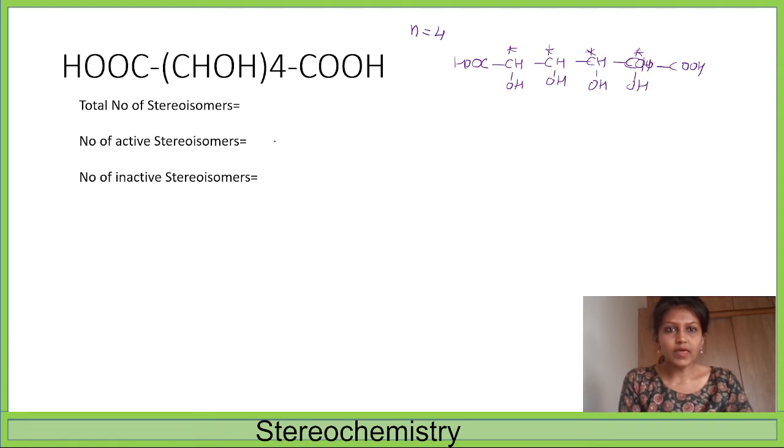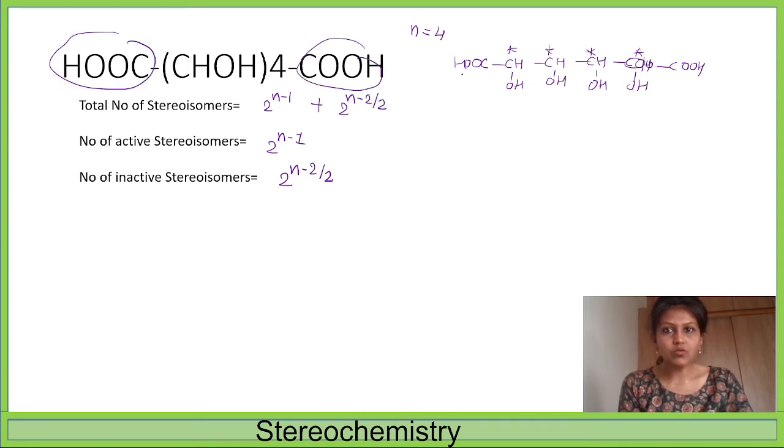Now optically active stereoisomers 2 raised to n minus 1, inactive 2 raised to n minus 2 divided by 2, and total 2 raised to n minus 1 plus 2 raised to n minus 2 divided by 2, because this is a symmetrically substituted molecule and an even number of chiral centers. So we can write by this equation, by this formula. Now by putting the value 2 raised to 4 minus 1, so total 8 active stereoisomers are present over here.